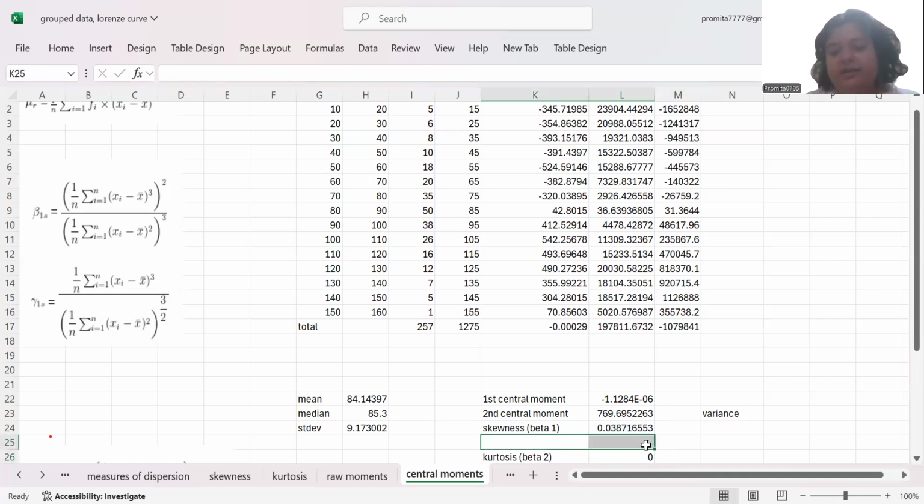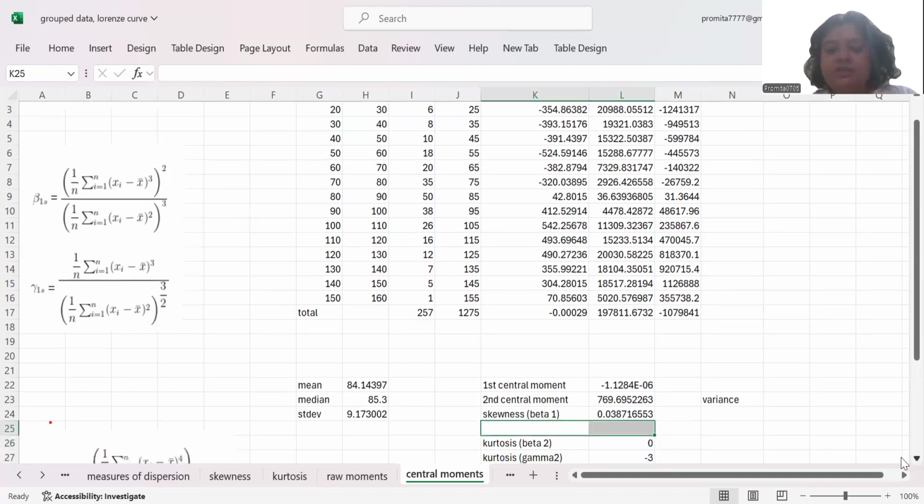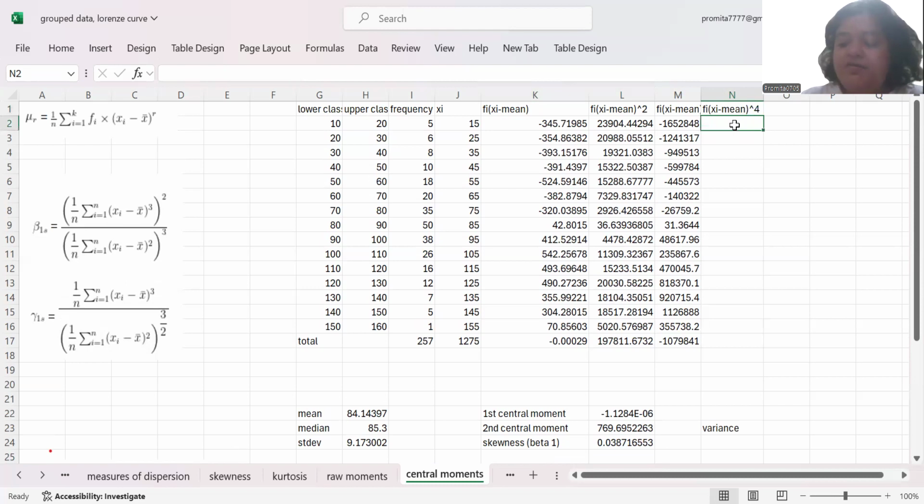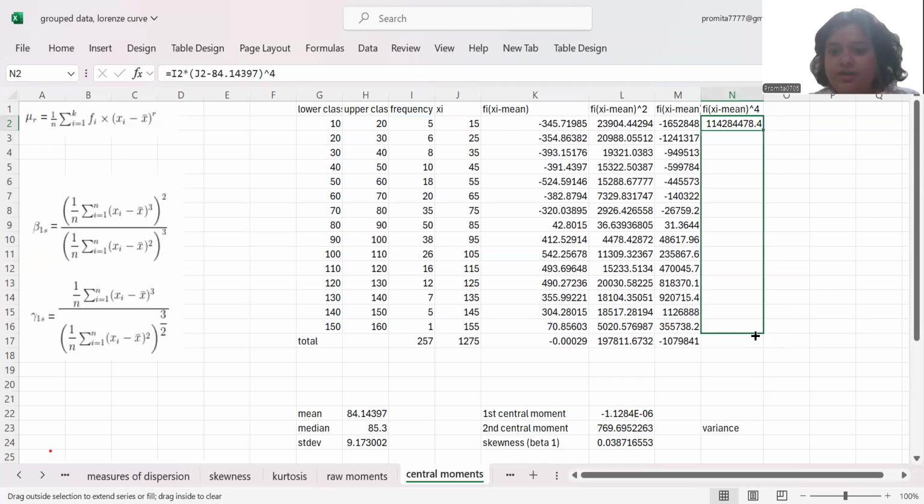Next we'll calculate the kurtosis, which is the value of beta 2. For that, I have to calculate summation xi minus mean whole to the power 4 into fi. So this is my fi into this minus 84.14397 whole to the power 4. And we drag and drop.